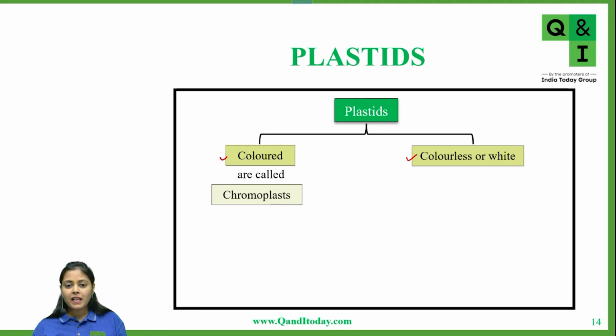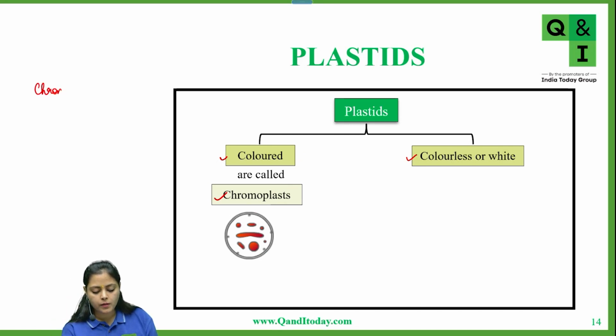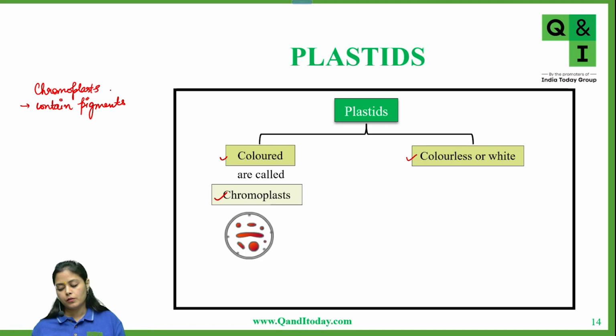Basically all this color of the leaves of the plants is provided by the colored plastids, which are called chromoplasts. These chromoplasts contain pigments, and because of these pigments, the leaves of the plants get different colors.